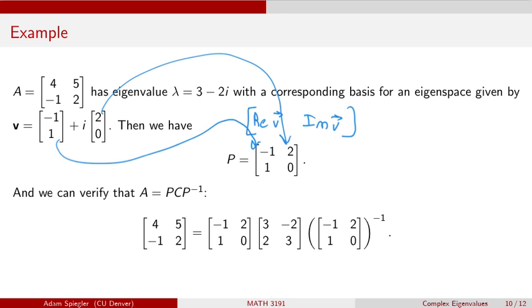So you can verify that if I take this matrix P times this matrix C, and then multiply on the right by the inverse of P, that will get back this matrix A that we started with. So here is a similar result where we can show that A is similar to a matrix which has a little bit more symmetry to it than the matrix that we started with.